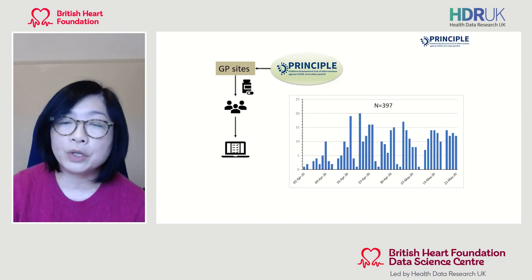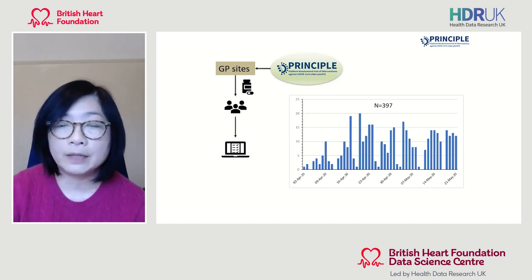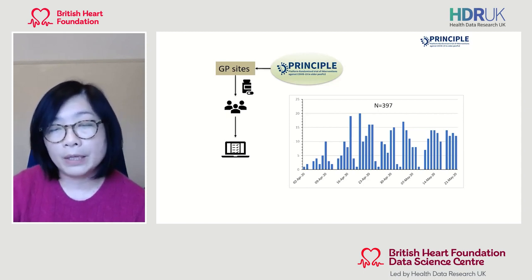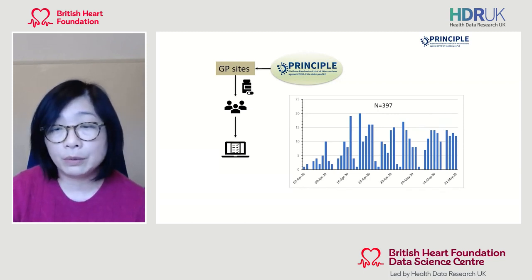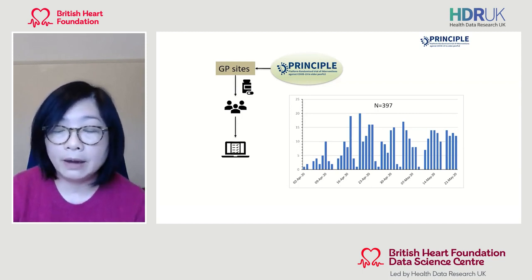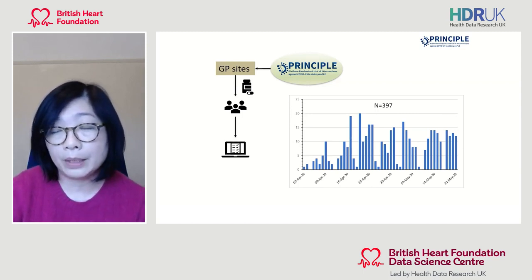Then they go onto the internet to screen themselves. Then the information gets passed to the GPs, and the GP will confirm based on their medical records whether this person is truly eligible to be randomized. And the drug would be sent by the GP as well to the participants, probably giving it out to them in the GP practices.